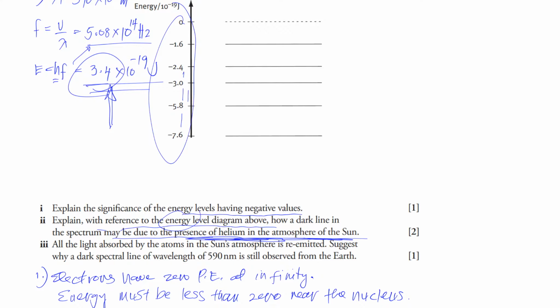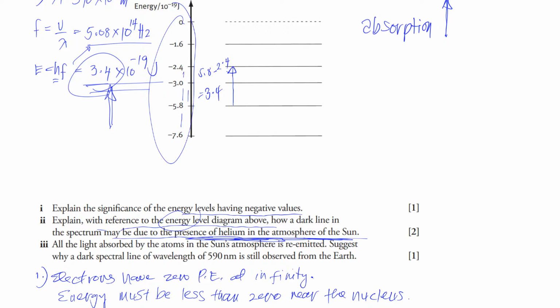Then find this 3.4. Since it is absorption, it means we are moving up. The electron gets excited to move to the upper energy level. This one is 5.8 minus 2.4 equals 3.4.